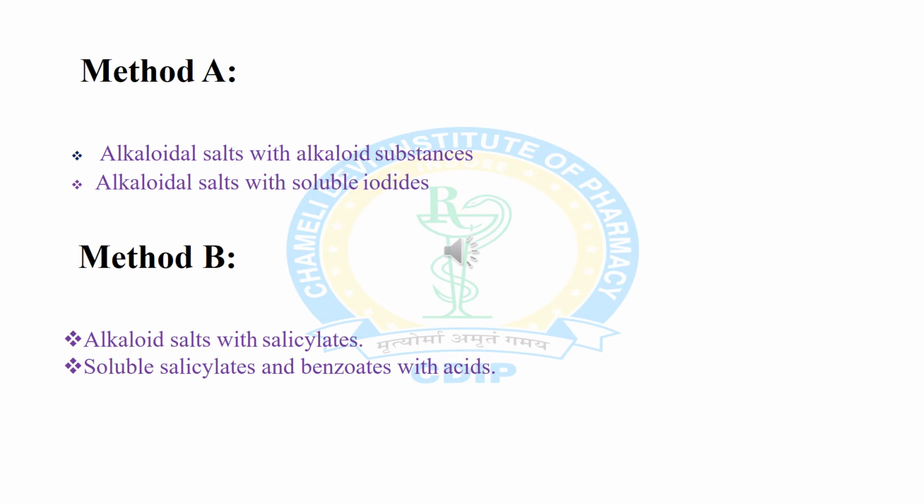Most acids and acid syrups such as syrup of lemon decompose sodium salicylate as well as sodium benzoate to form precipitates of salicylic acid and benzoic acid respectively. These precipitates are indiffusible in nature, so follow method B for this precipitate-yielding interaction.